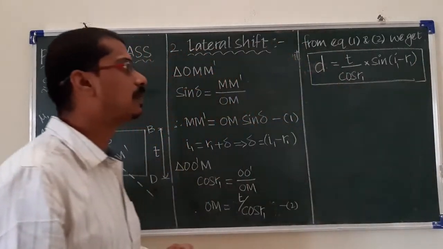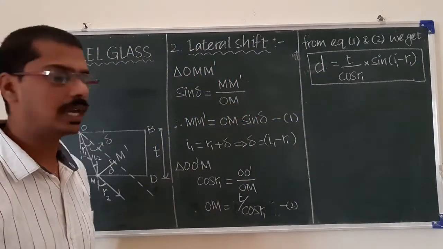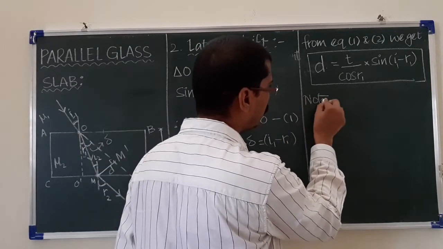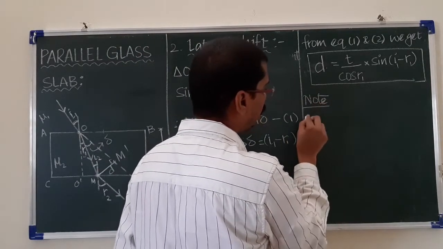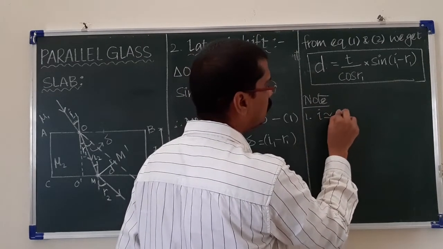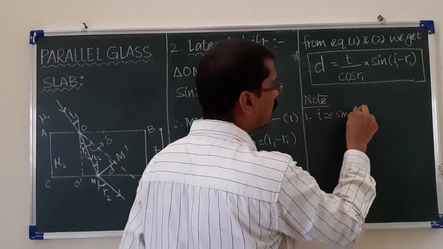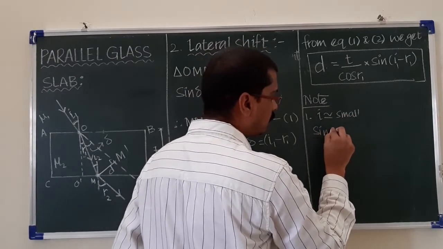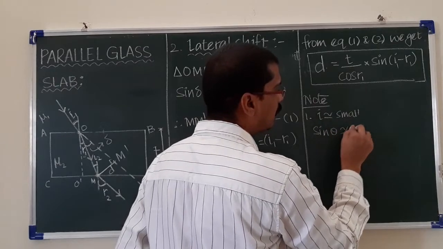In this lateral displacement, we can take two cases. The first note point: the angle of incidence is very small, approximately small. That time sin theta is approximately theta.